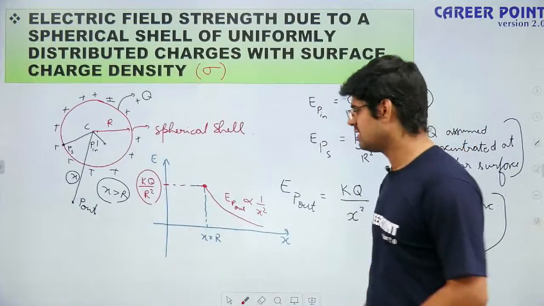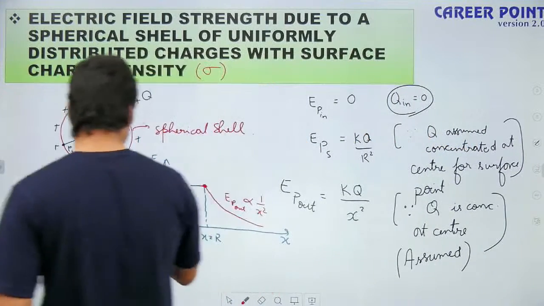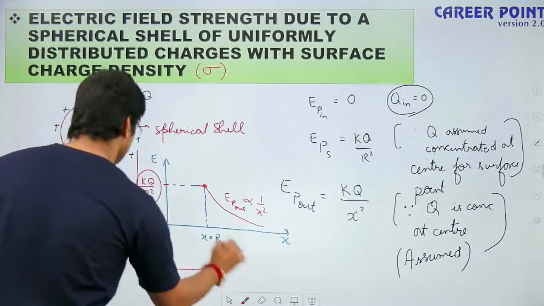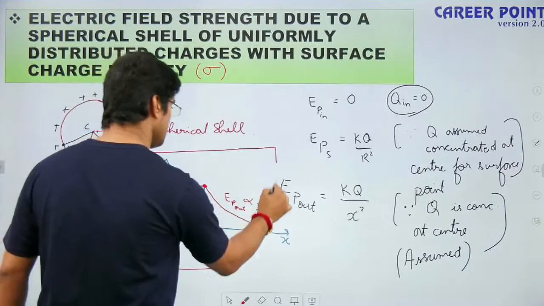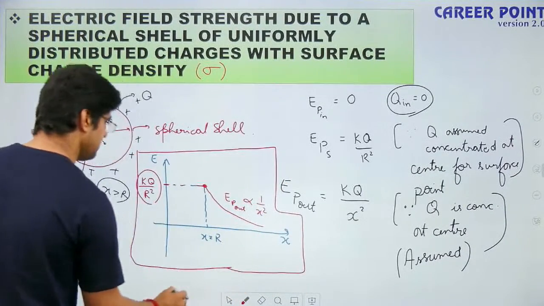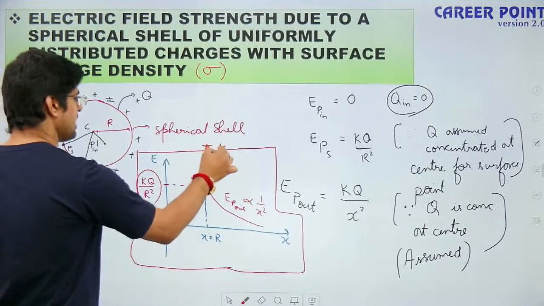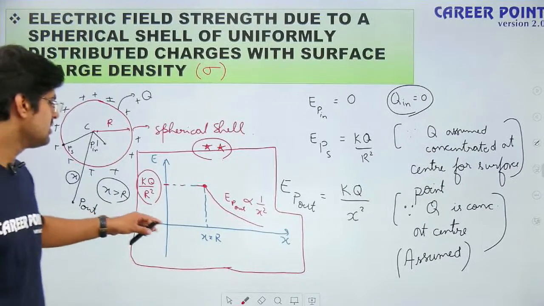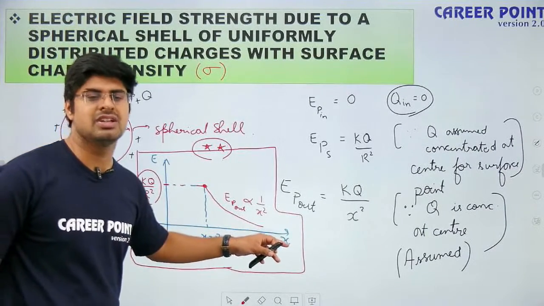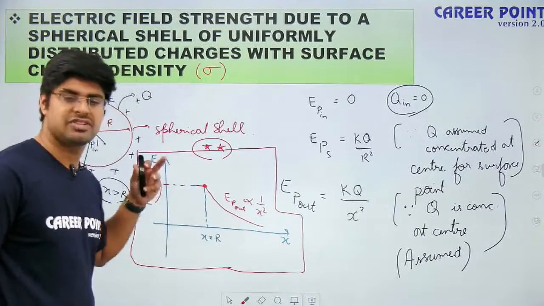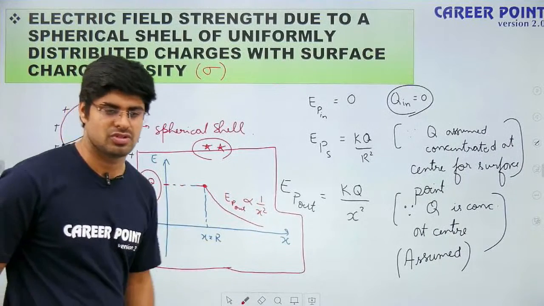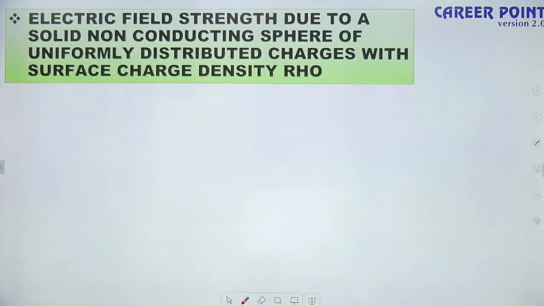Let's proceed further. So this is the graph. Please remember, many times in questions it is directly asked, so you have to remember it clearly: the graph between electric field and the distance of the point from the center of the spherical shell.